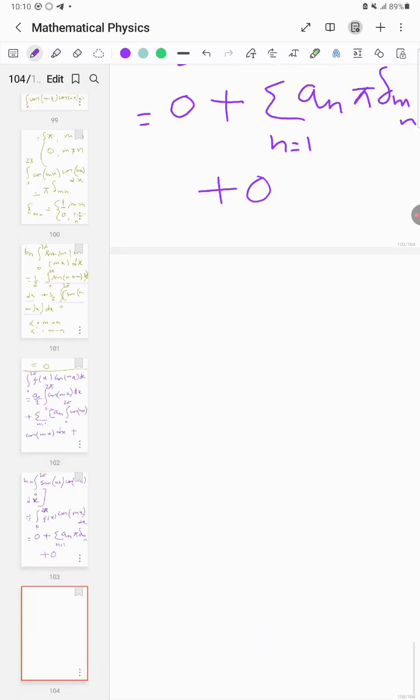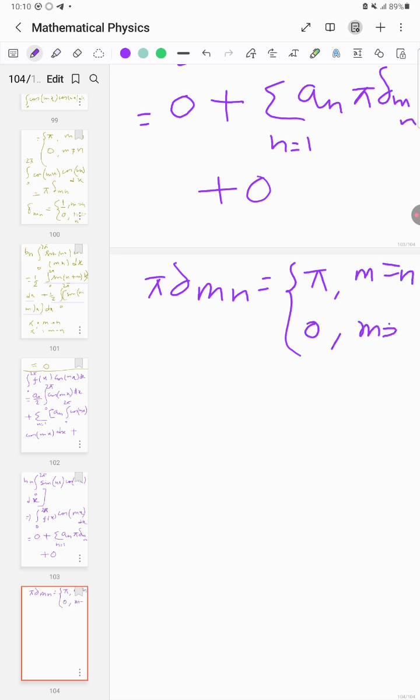So what is it? It is nothing but, and what does pi delta mn give? Pi delta mn gives us pi when m is equals to n, else 0 when m is not equals to n, isn't it?